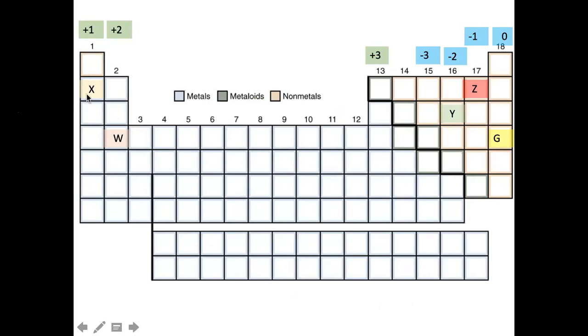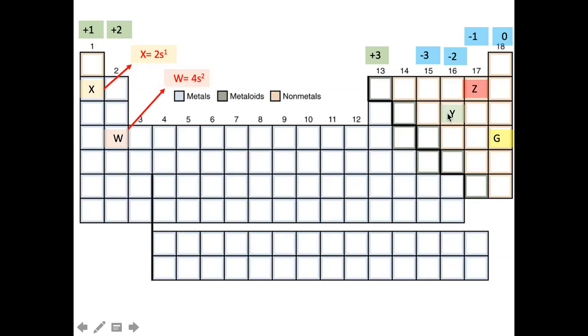Let's try to identify the ending of X. That would be 2s1, right? Why? The ending here would be ns1. So the ending would be 2s1. How about the W? If you're gonna count 1, 2, 3, 4, the ending would be 4s2.